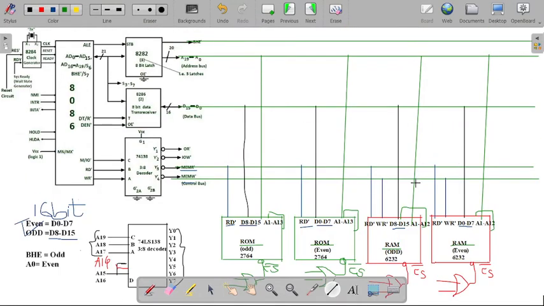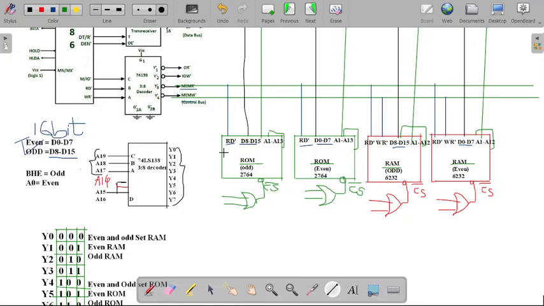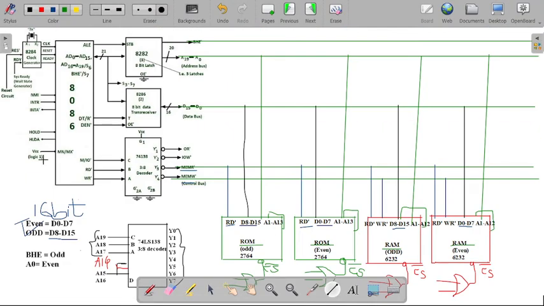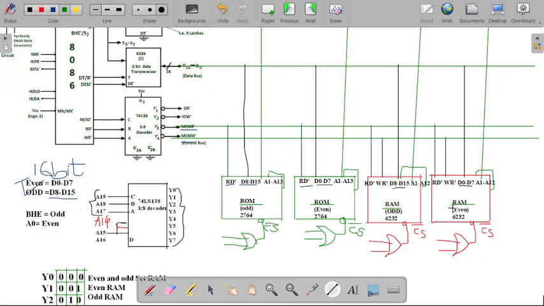So now we have done with our four connections, that is the read signal, write signal, second one the data signal, and the third one the address line signal. So read, write, data bus and address bus we have connected to our 8086 microprocessor, and we have done this interfacing with the help of these ROM and RAM devices.